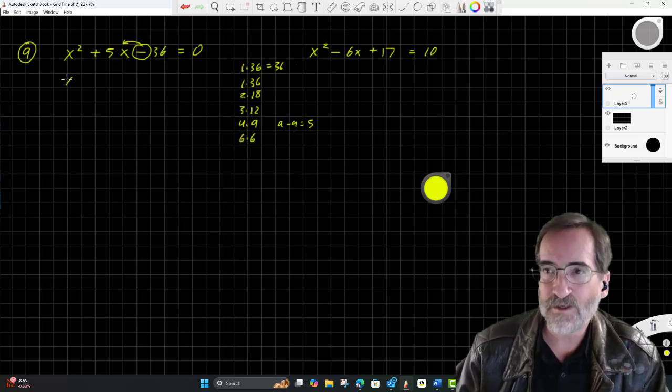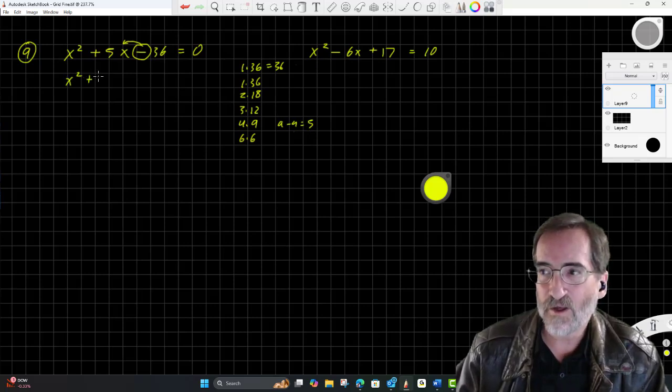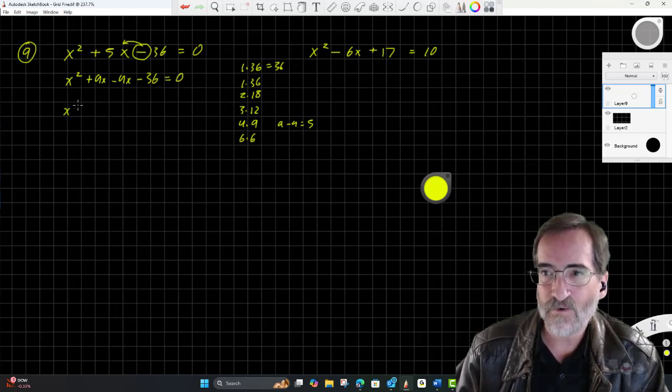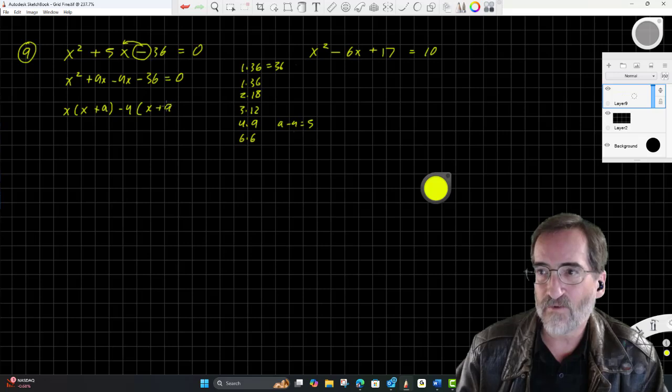So this is the same as x squared plus 9x minus 4x minus 36 equals 0. I'm going to factor out an x out of the first two, so this is x times x plus 9. I'm going to factor out a negative 4 out of the second two: negative 4 times x minus 9, and negative times negative is positive, so positive 9.